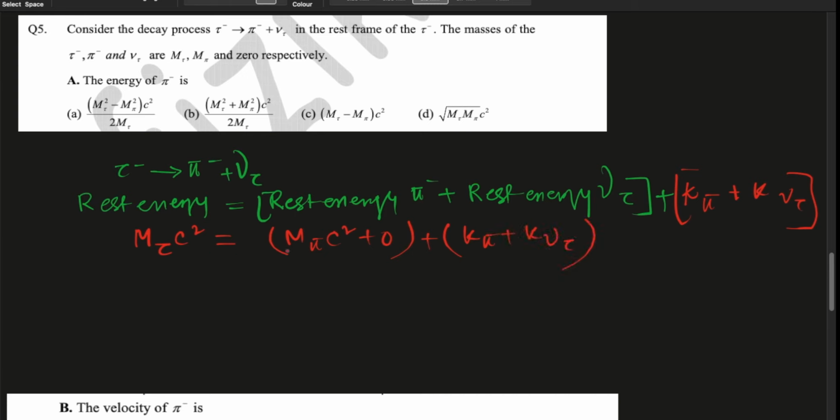This is the equation. From this equation we need to find the energy of the pi minus particle. How can we find the energy? Energy has the equation E equal to p square c square plus m naught square c to the power 4. So for the pi, E pi is what we need to find out.